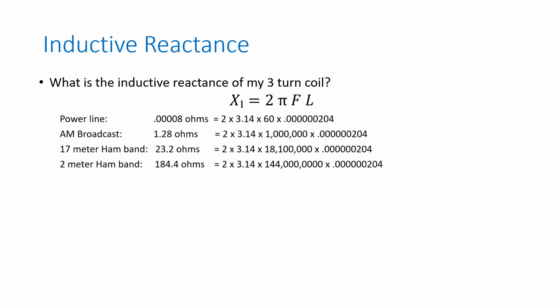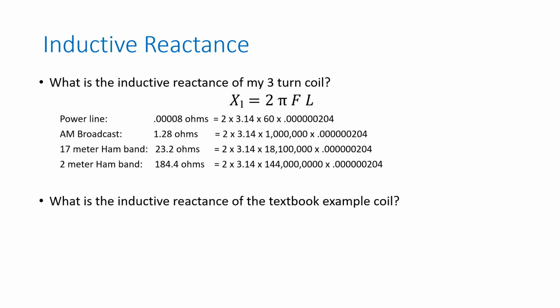All right, now let's go back and think about that solenoid. What do you suppose the solenoid will do? Well, at 60 cycles, we already have almost 5 ohms. It's not really much, doesn't really matter, but it's something.